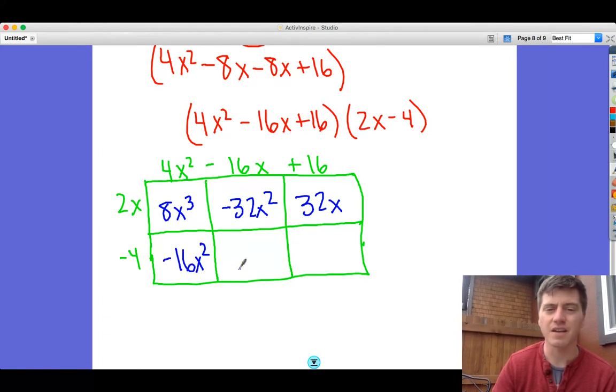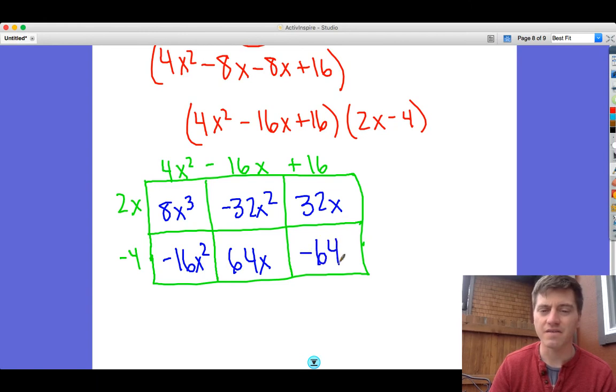Negative 16x times negative 4 is positive 64x, and negative 4 times positive 16 is negative 64.